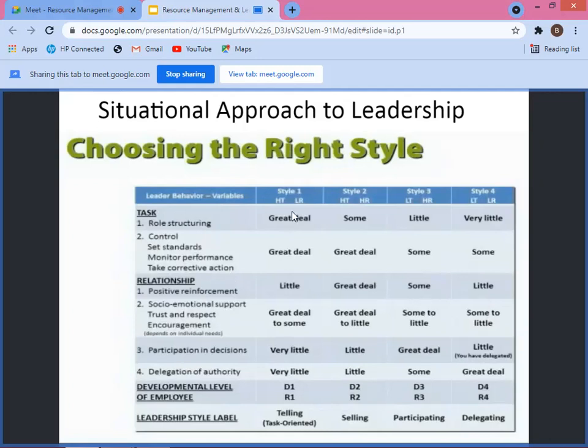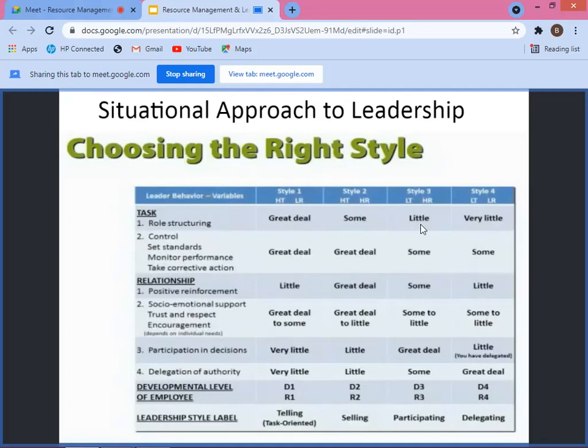For style 1, a great deal for the role structuring and control. Style 1 is high task, low relationship. Style 2 is high task, high relationship, some and a great deal.